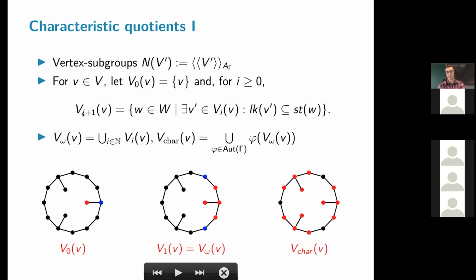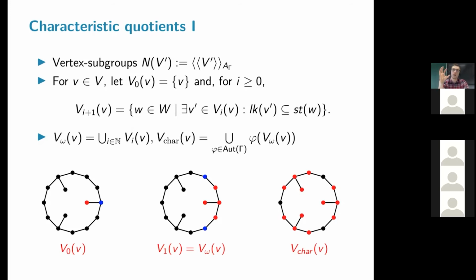So we do this for all i, and then you take the union over all these i's to get one vertex set. Since your graph is finite, this process will end after a finite number of steps. After this step, you would suspect that it's closed under transvections, and this will indeed be the case. But then you have to close it under graph automorphisms. One way to do this is to just apply all graph automorphisms on this V_omega and take the union.